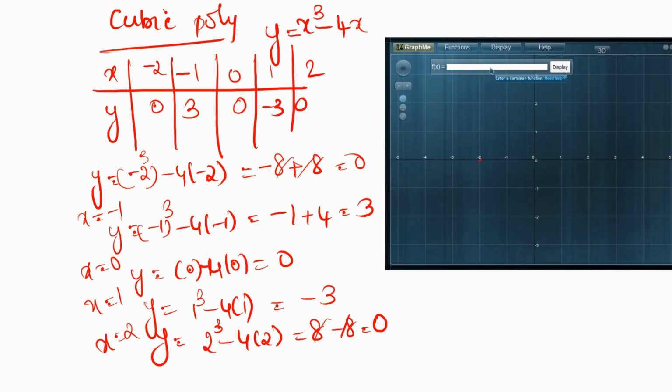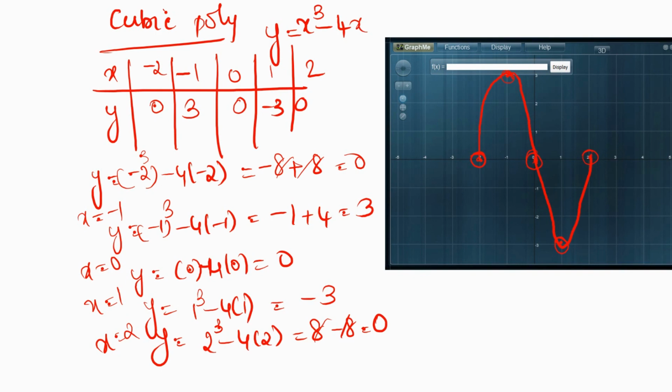So if I plot this in the graph, I am getting a shape like this. Here if you check, the curve is touching the x-axis at minus 2, 0, 0, 0 and 2, 0.